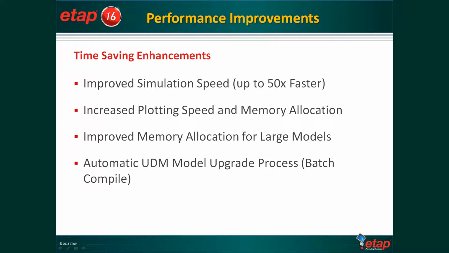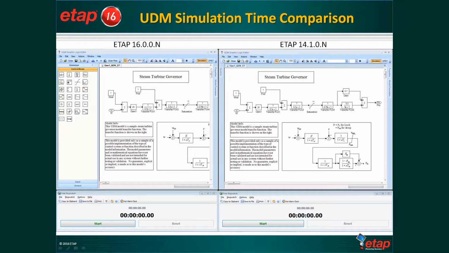The results of the speed performance are outstanding, and we can see up to 50, sometimes even higher than that, times faster simulation times. Here I would just like to spend a couple of minutes to highlight how with ETAP 16 it will require a lot less engineering man hours to simulate and perform a lot of dynamic calculations.